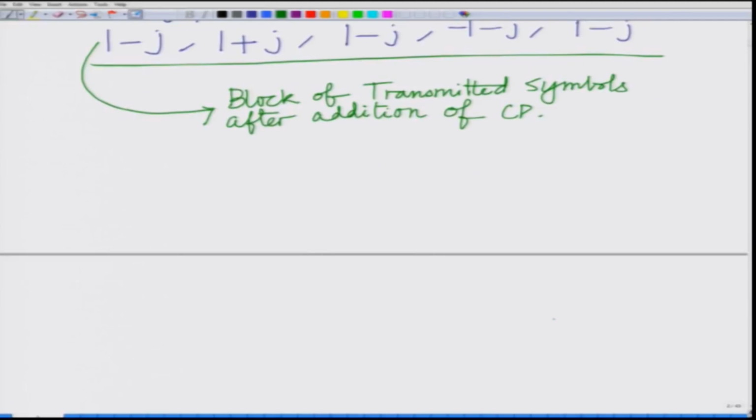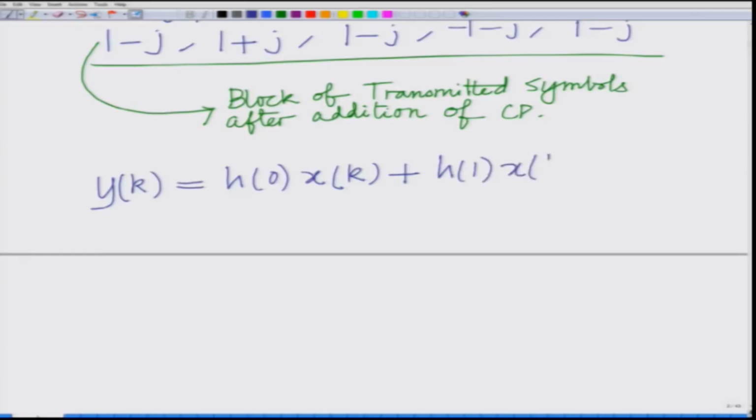And now let us again consider the 2 tap ISI channel. Remember, this is also something that we have considered many times before. Again we are restricting ourselves to 2 taps to keep the example simple, although it can be readily extended to a scenario with many more taps, or in fact for any general number of taps L. So, we are considering L equal to 2 taps.